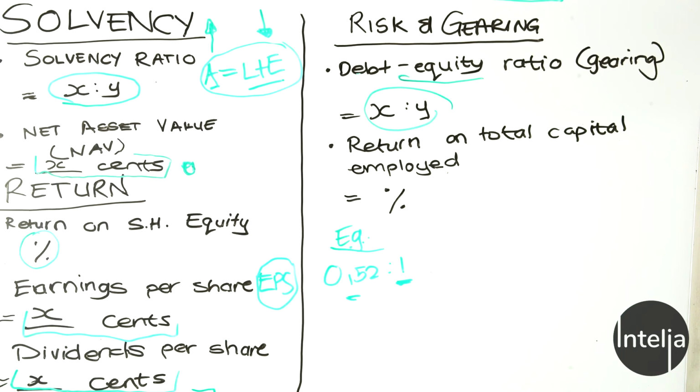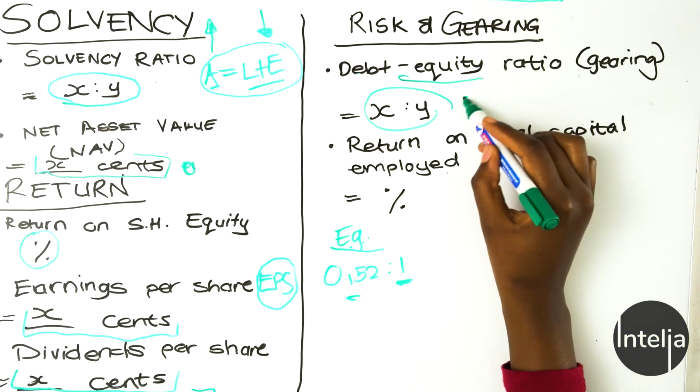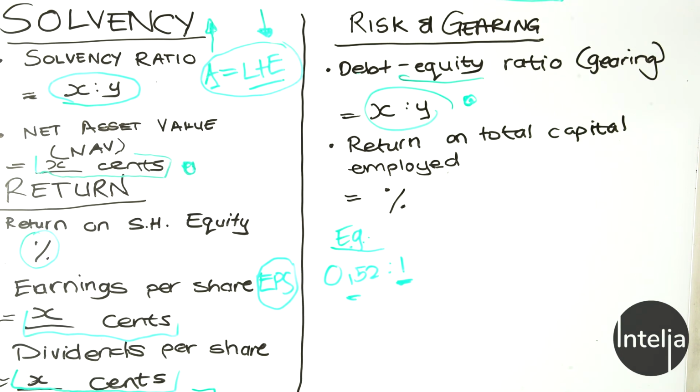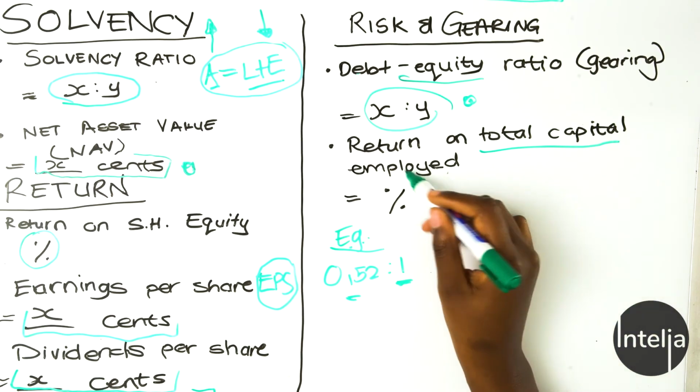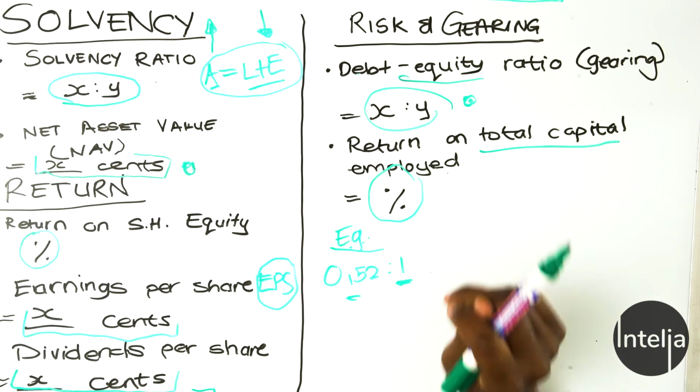Then it is favorable for the business to make use of borrowed capital when interest rates are lower than the return that can be earned by the business in using those funds, right? So that is a summary of the debt equity ratio. Then we move on to return on total capital employed, and this is a percentage, very important.